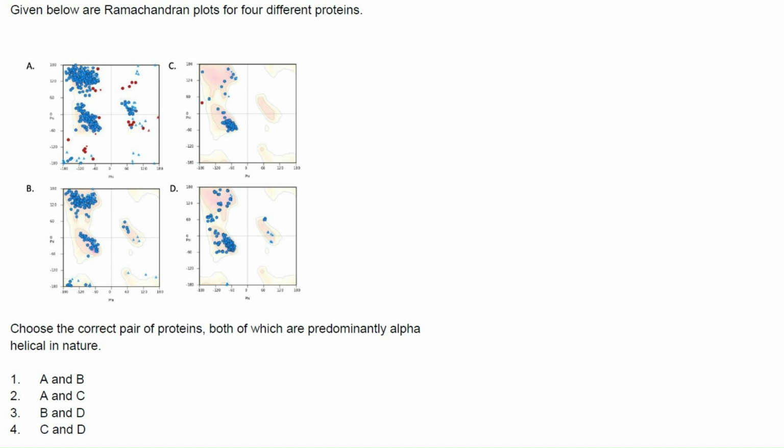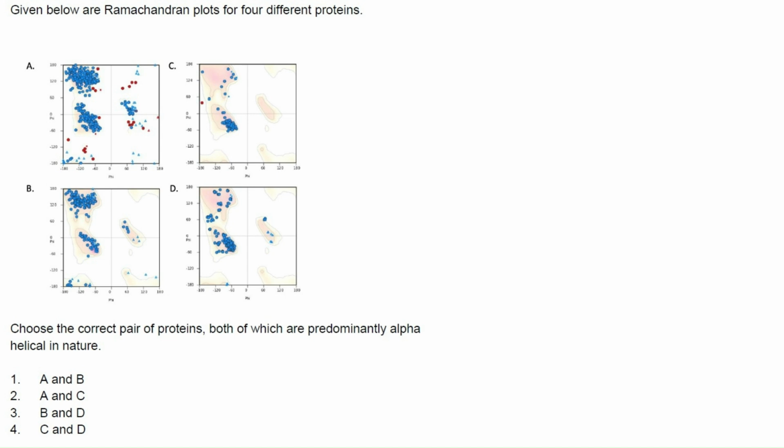Now, from these graphs, we have to determine which two of the proteins are predominantly alpha helical in nature. Our options are option 1, A and B, option 2, A and C, option 3, B and D, and option 4, C and D.